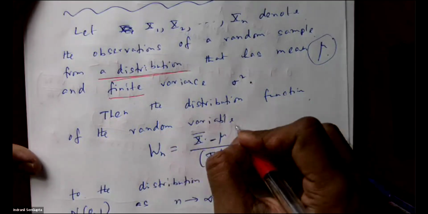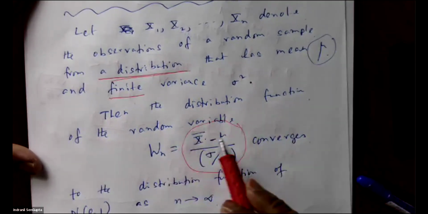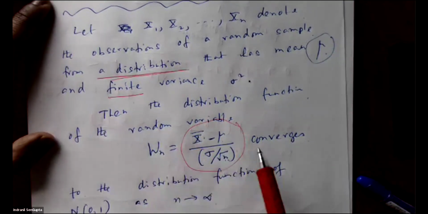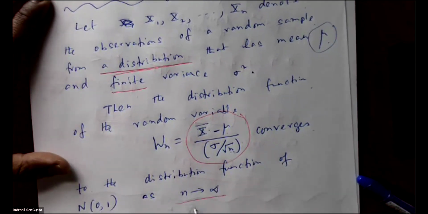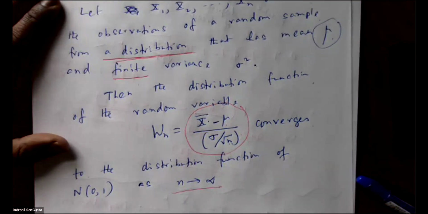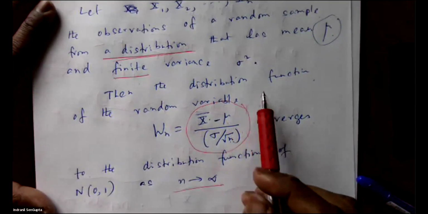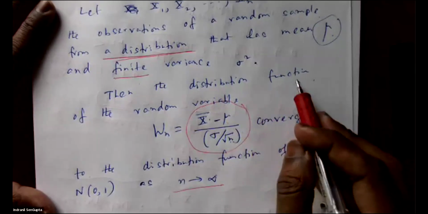We are not claiming that this is normal. But what we are claiming is that when n is sufficiently large, when n goes to infinity, this becomes a standard normal. There are many different kinds of convergence, and we'll study it later.